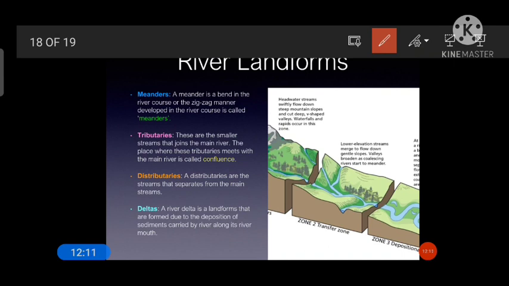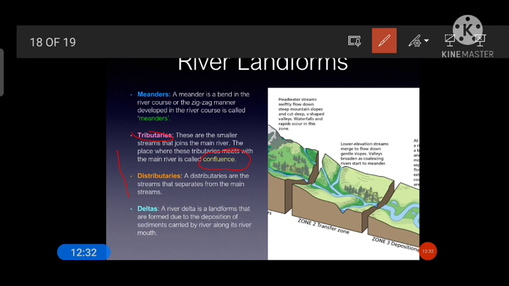Okay, now tributaries. Now what are tributaries? These are the smaller streams that join the main river. The places where these tributaries meet the main river are also known as confluence. This is important to note. Say for example, this is a main river.